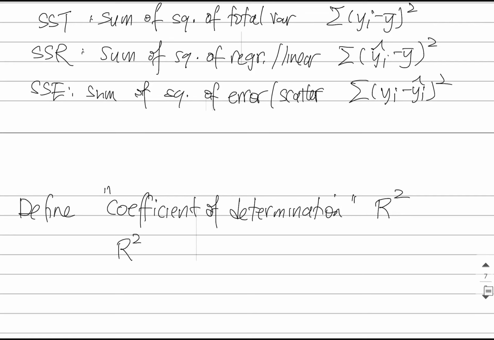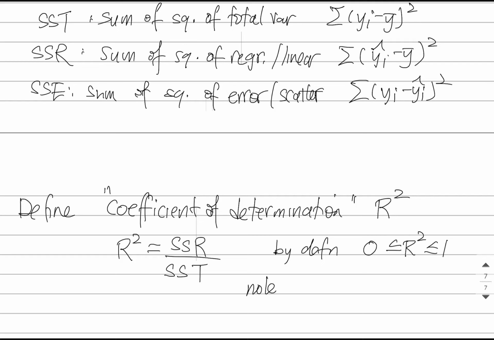The definition of this coefficient of determination is going to be the sum of that regression error over the sum of the total error. By this definition, this thing can only be between 0 and 1.